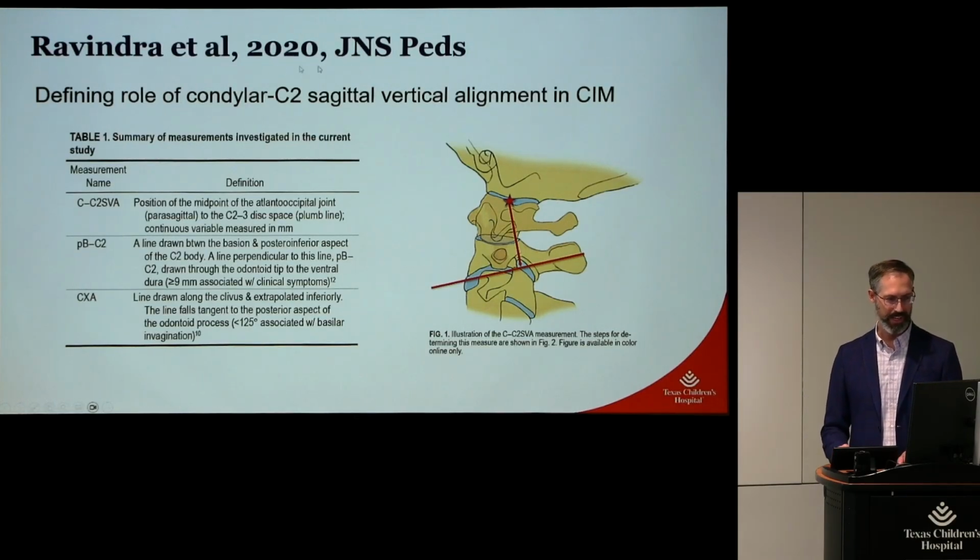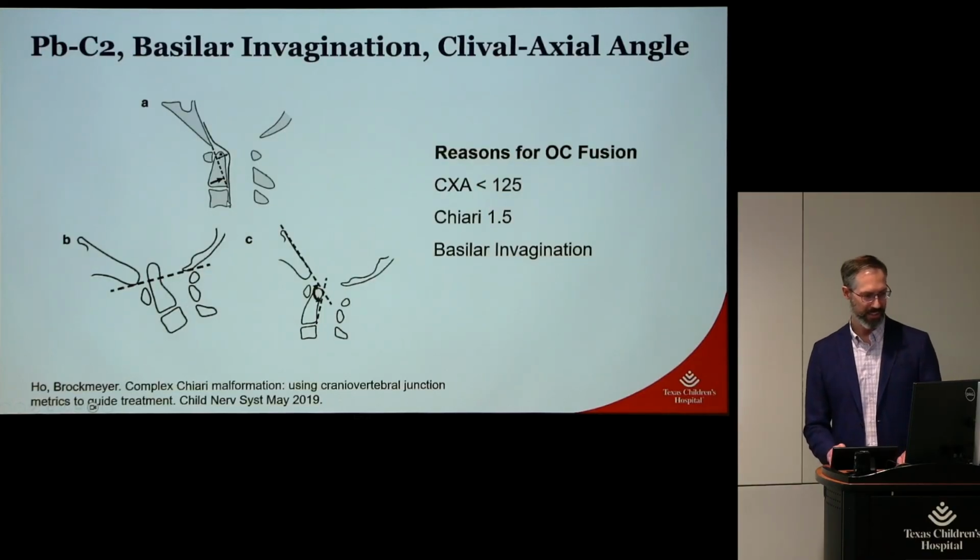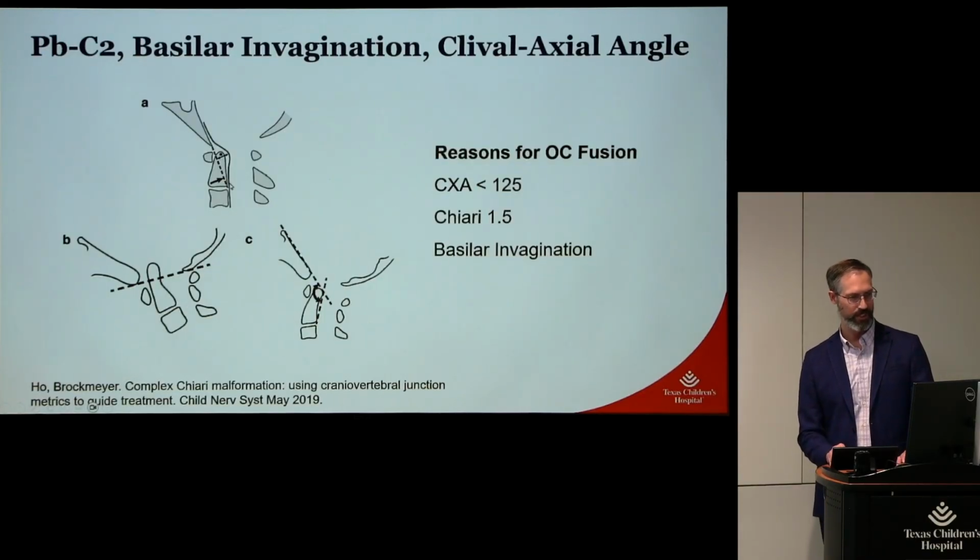A publication came out in 2020 looking at other ways of trying to measure these complex relationships between the skull and the spine. And you can see in this picture, this is a demonstration of basilar invagination, and so you have a relatively normal angle, but if the skull, which is depicted here, settles on the spine, you can see how the spine could push into the brainstem and cause symptoms.